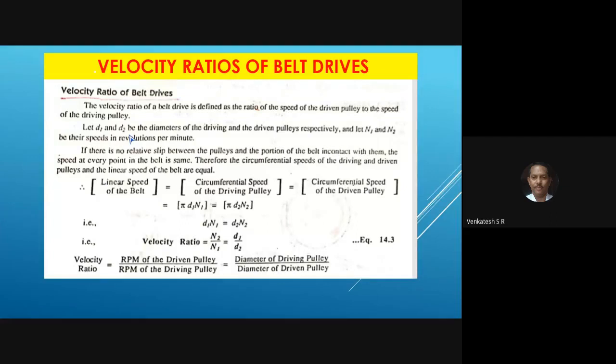Therefore, the circumferential speeds of the driving and driven pulleys and the linear speed of the belt are equal.